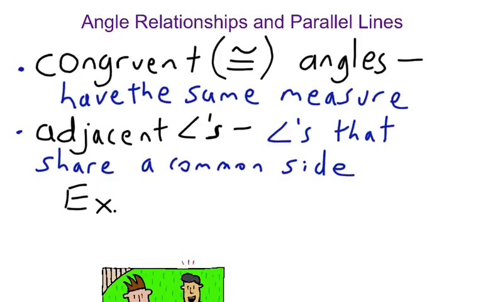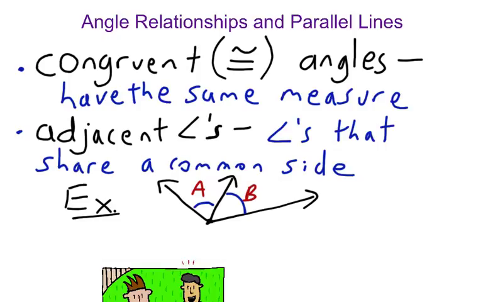An example of that would be, let's say we drew two rays like that, and then coming from the vertex there we have another ray drawn. So this angle right here and this angle, I'm going to call angle A and angle B. Angle A is adjacent to B because they share the common ray, and that common ray is what I'm denoting with this green mark here.